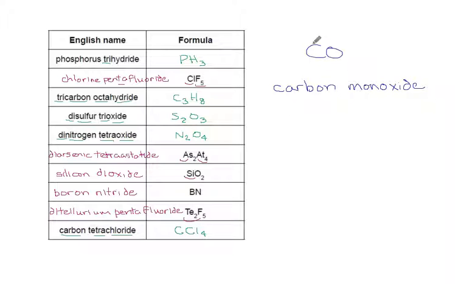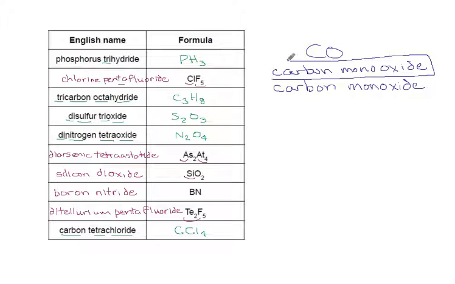And it's poisonous, and its name should be carbon because of the C. And because there's a single O, you could just call this carbon oxide. But if you put a mono on front of it, carbon monoxide is really what we should be calling CO.